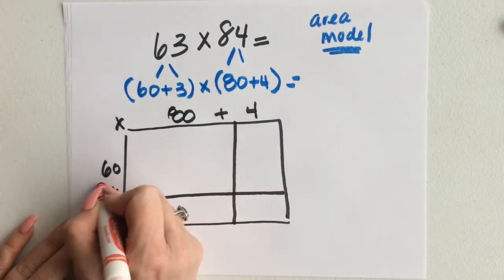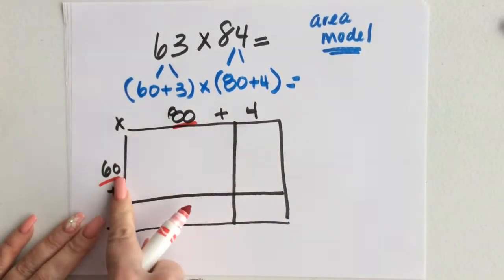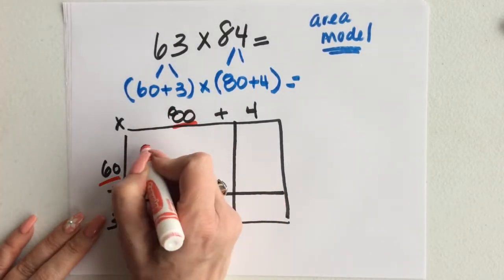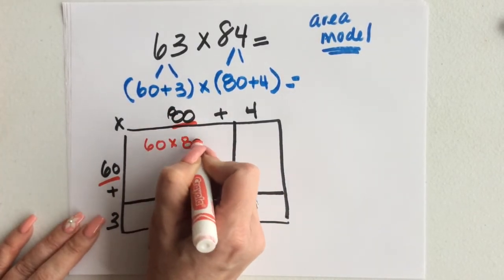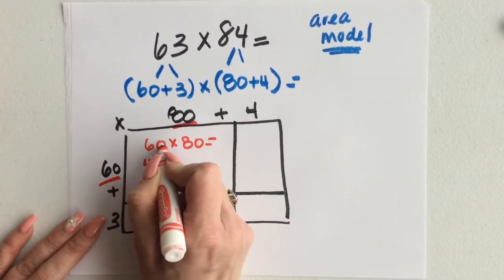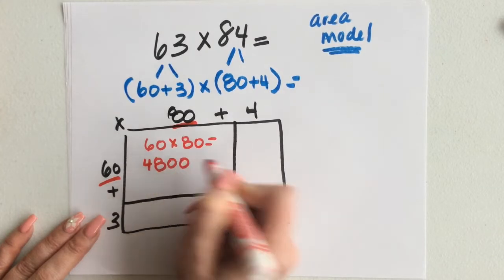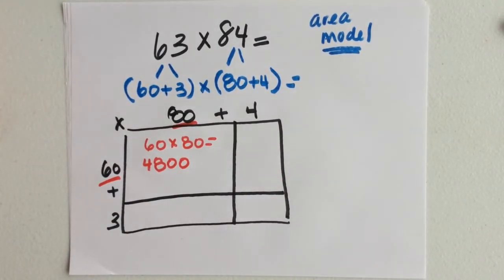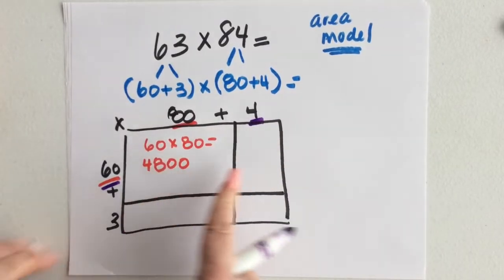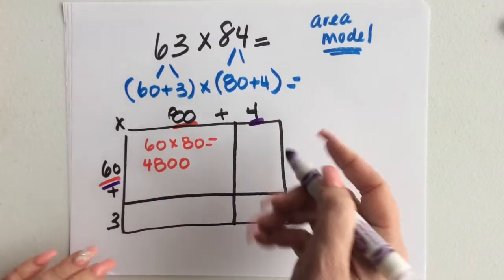So I have 60 times 80, I'm finding this area right here. So 60 times 80, which 6 times 8 is 48, 10 times more, 10 times more. Now I have 60 times 4, follow my fingers.